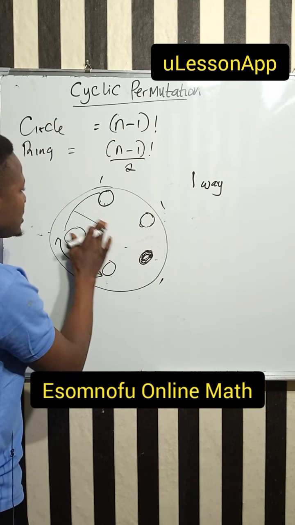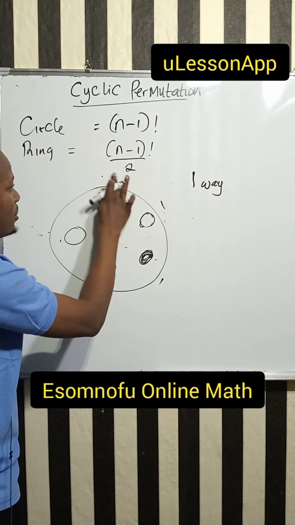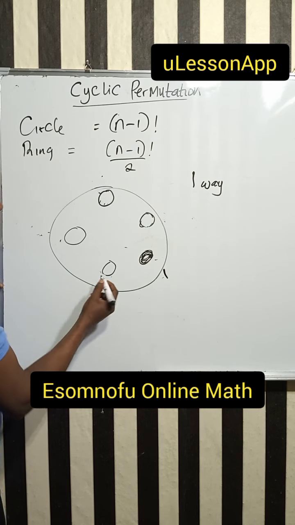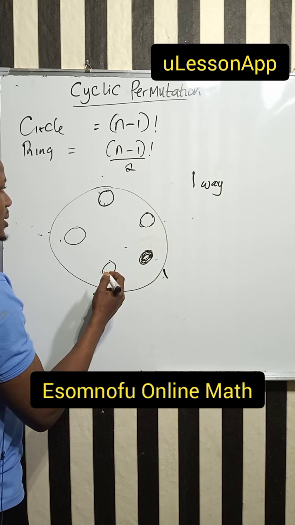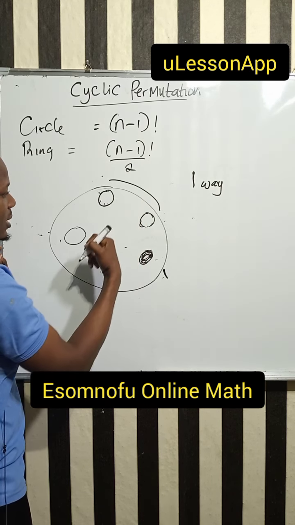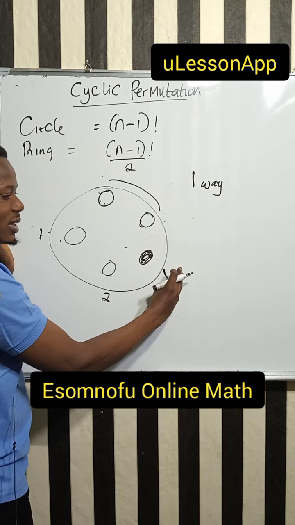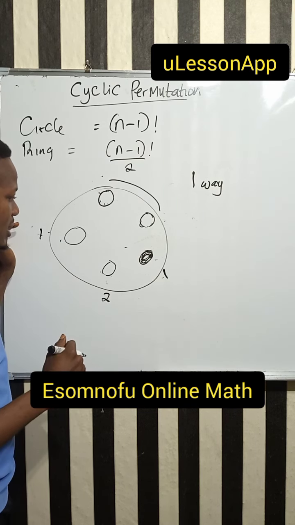But what if the first person is now seated, and you want the second person to sit down now? If the second person decides to sit here, for instance, these 2 persons will be facing him. He will have only one at the left. He doesn't have any option at the right, because at the right, the first person is already seated.